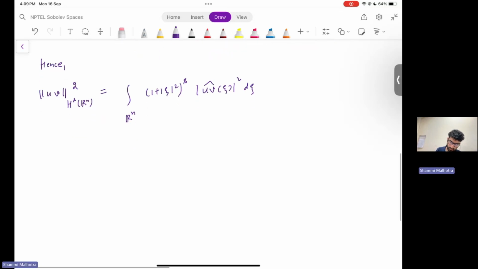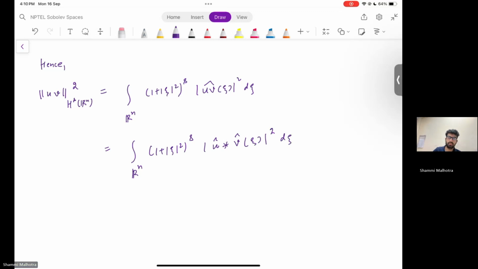Now we use the result that uv hat can be written as u hat convolved with v hat, evaluated at xi, whole squared, d xi.